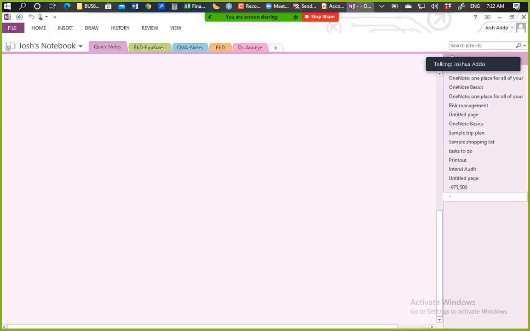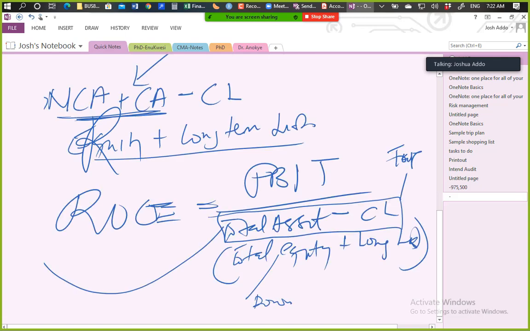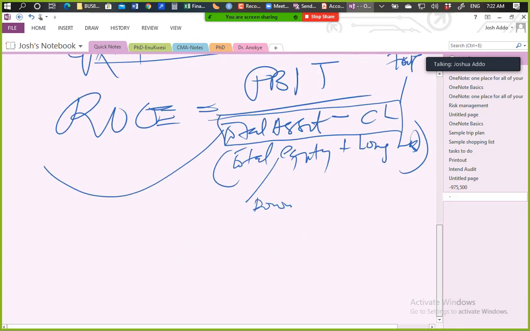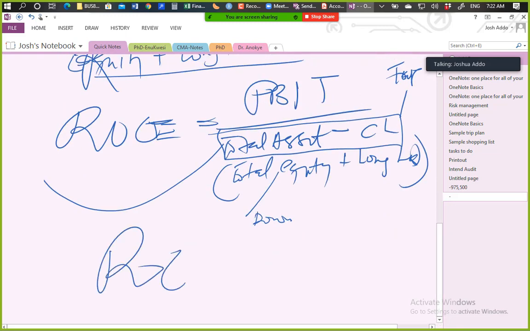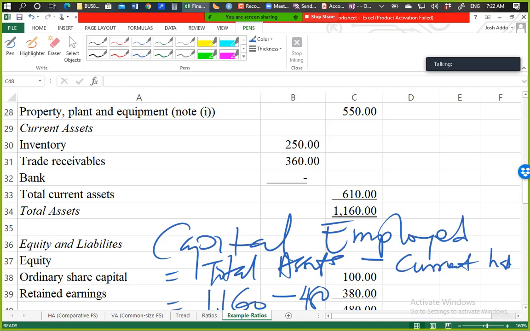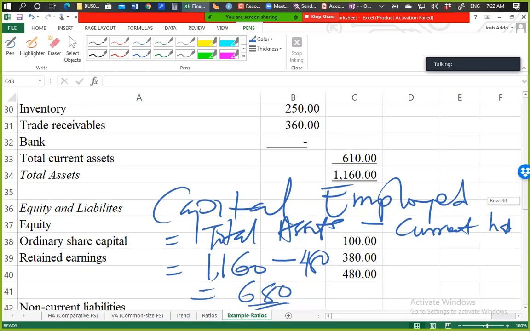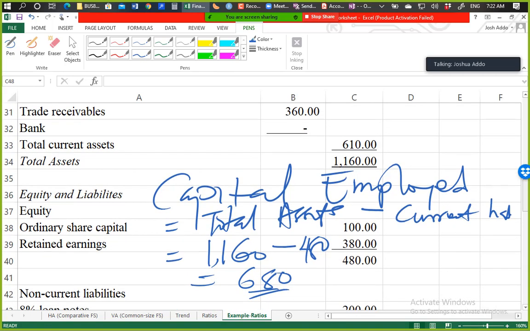From those financial statements, our ROCE is equal to 220 divided by 680.